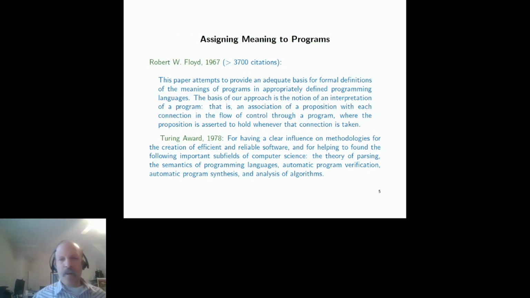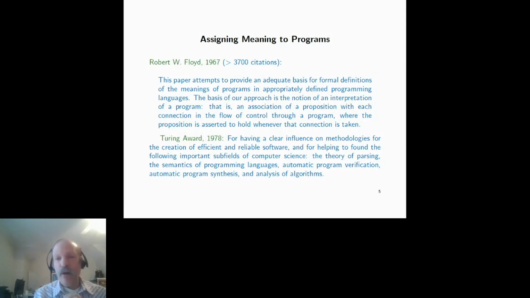Floyd said the paper attempts to provide an adequate basis for formal definition of the meanings of programs in appropriately defined programming languages. So now it's about the program, not about an algorithm. And again, you associate a proposition in connection with the flow of control through the program. The proposition is asserted to hold whenever that condition is taken. Okay, so this is all about total correctness, but this point was not made clear yet.